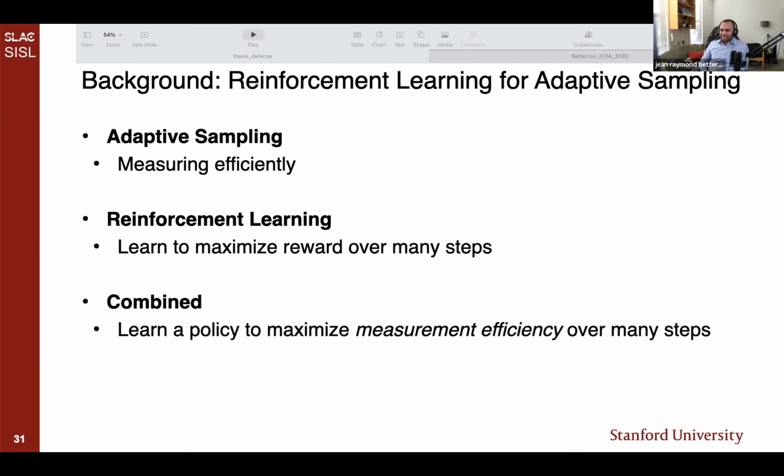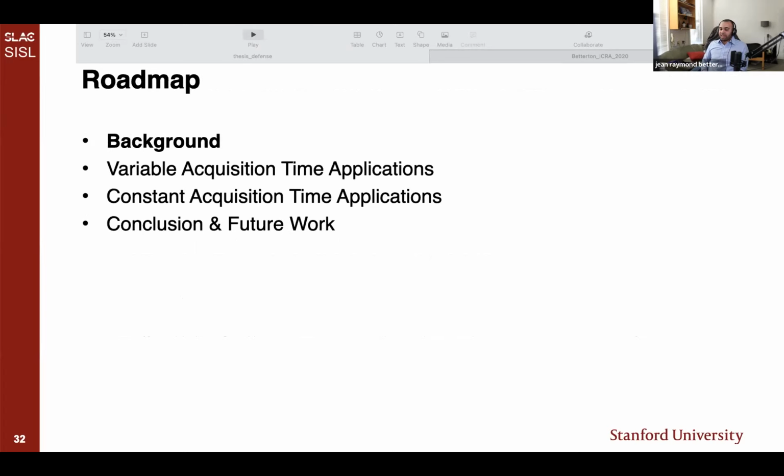So what can we do? Well, it turns out we can just turn the adaptive sampling problem into a reinforcement learning problem and solve it with a reinforcement learning solver. We do this by creating a simulation environment that emulates taking measurements with X-rays and setting the reward signal to reflect measurement efficiency. All right, so this concludes the background section.